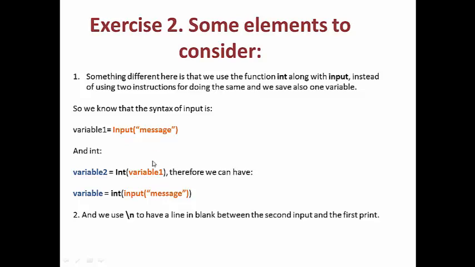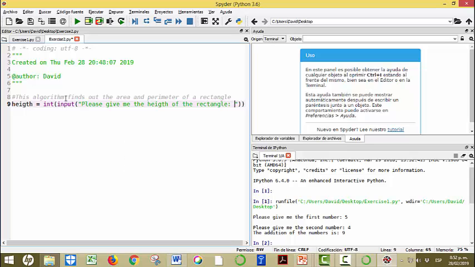We combine this in int, parentheses, input, parentheses, open quotation marks, message, close quotation marks, close the parentheses of this and close the parentheses of the int. That was the thing that we did here. Input, please give me the height of the rectangle, and this is inside the int function.